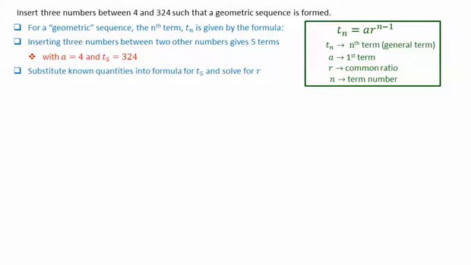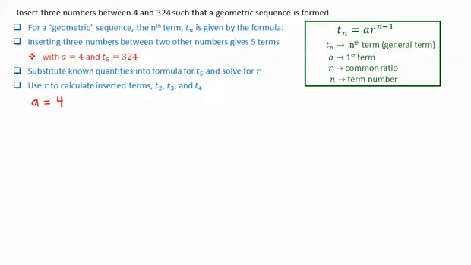We can then substitute known quantities into the formula for the fifth term of a geometric sequence and solve for r. We can then use our value of r, the common ratio, to calculate the terms that were inserted, the second term, third term, and fourth term.